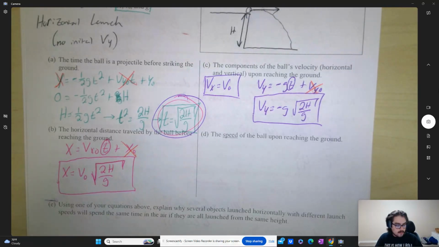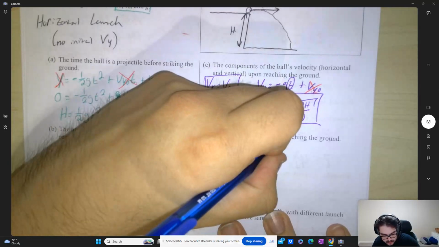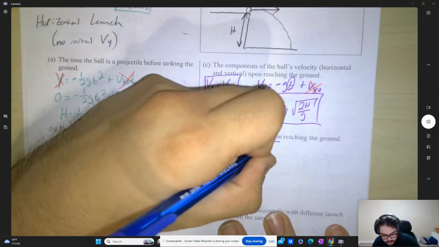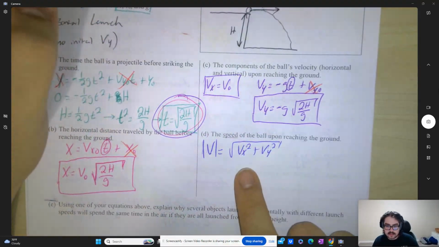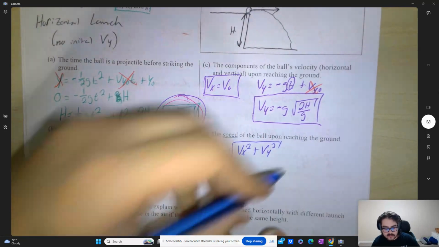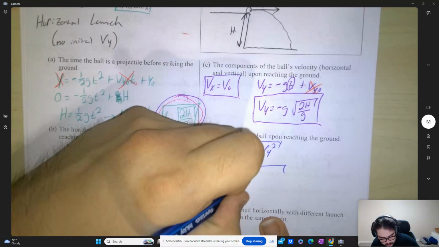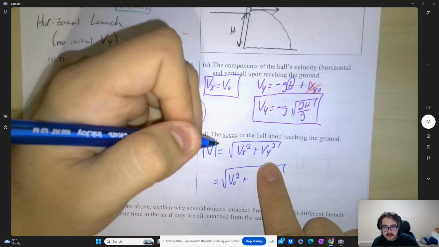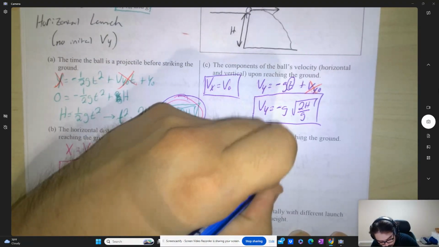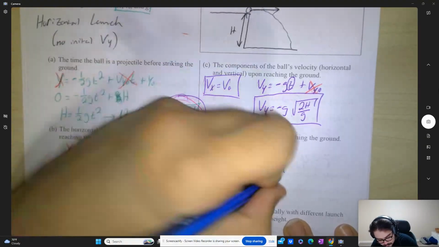Well, in order to find the magnitude of the speed, we just need the Pythagorean theorem on the components, right? So we would have to do vx squared plus vy squared, and all I'm going to do now is plug in the two parts up here from c that I derived. So that's just going to be root v naught squared plus, vy is going to be this whole thing, negative g root 2h over g, squared.